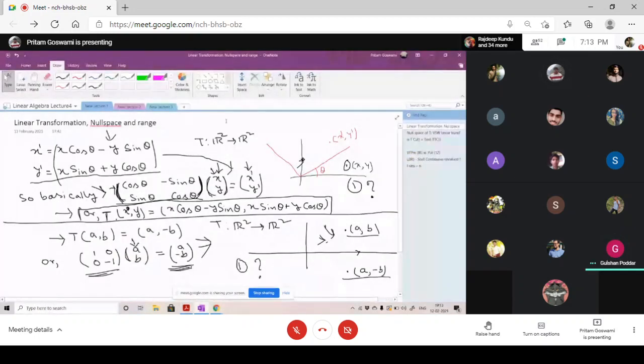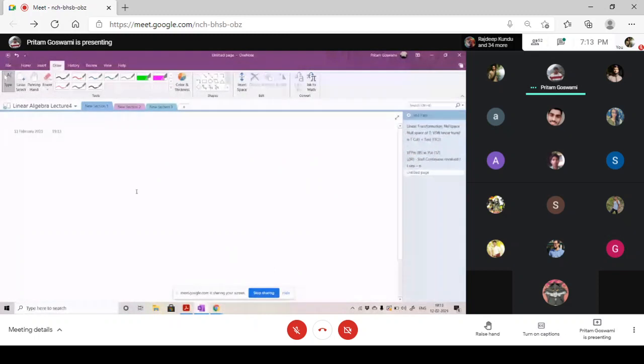Suppose this is the Euclidean plane and there is a point A1, A2, and I take the projection of this on the x-axis. What will it be? A1, 0, right? So I can explain this phenomenon as a linear transformation which takes A1, A2 to A1, 0, right?